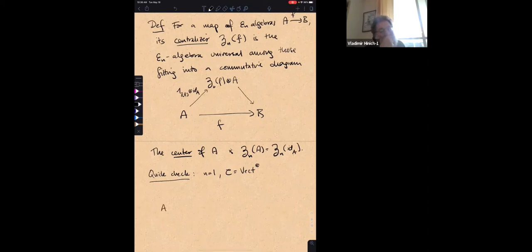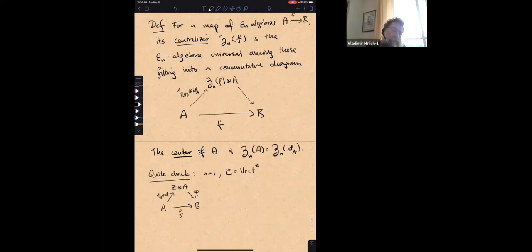So suppose I have a map of associative algebras F from A to B. What would it mean to find a map phi of algebras from Z tensor A to B that factors like this?